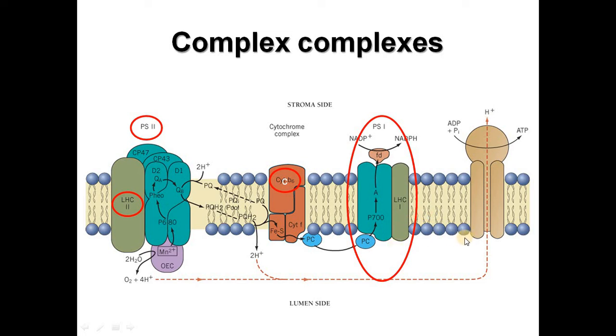When we talk about respiration, we're going to talk about this transmembrane protein in way more detail. But the only way the hydrogen protons can go back to where they want to be, which is their low concentration, is if they go through this ATP synthase.